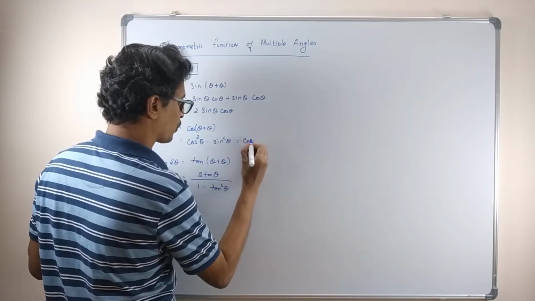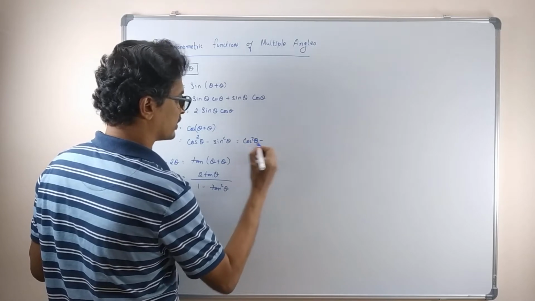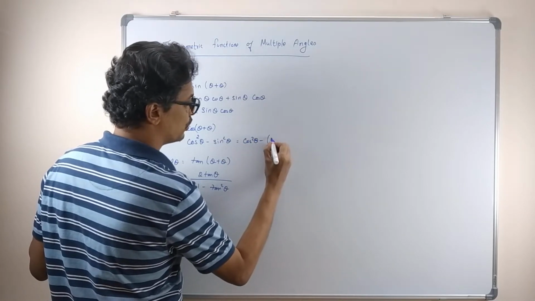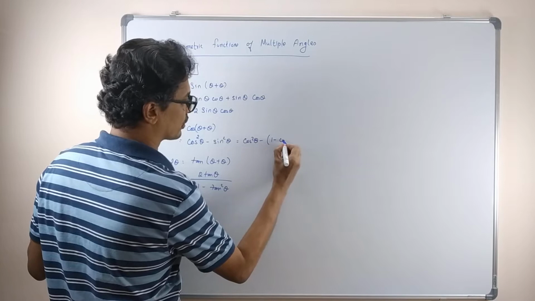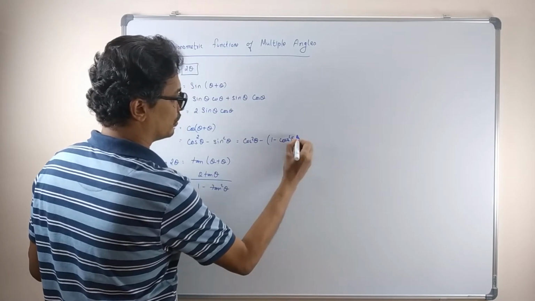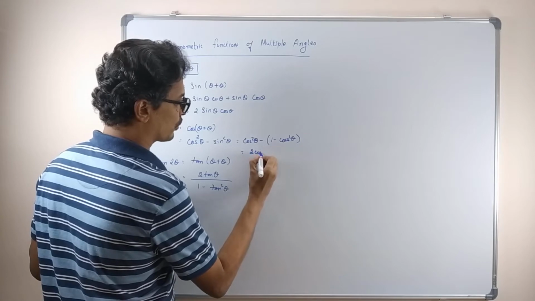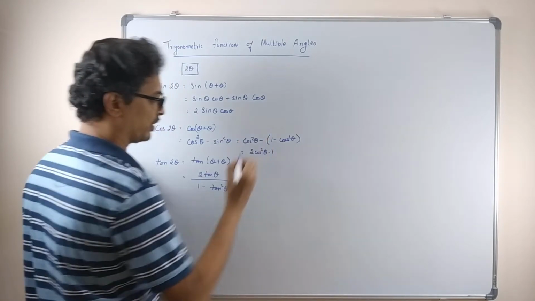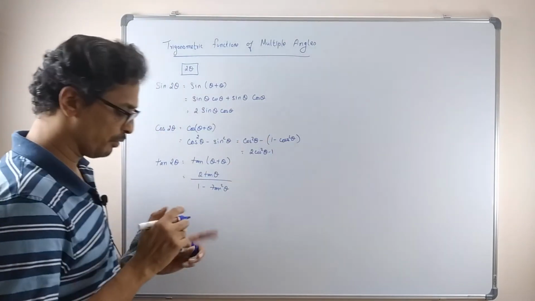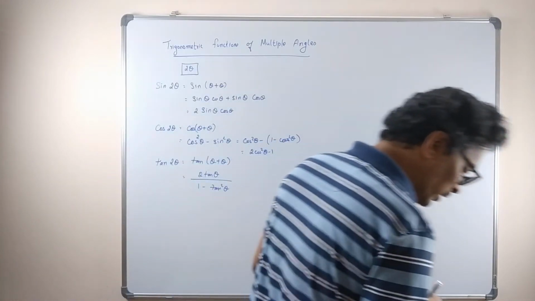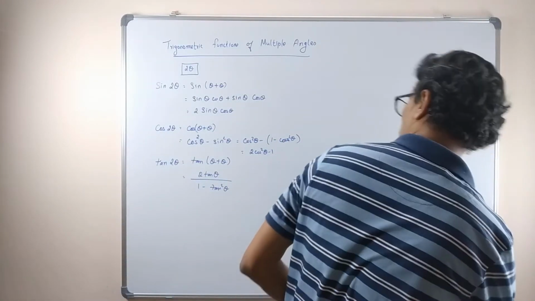So cos square theta minus sin square theta will be equal to cos square theta minus, 1 minus cos square theta. So what will this be? Tell me. 2 cos square theta minus 1.